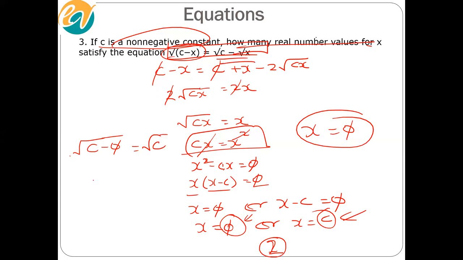What is the right hand side? Root c minus root of 0, which is again root c. So it is a solution. x is equal to 0 is a very valid, authentic solution. But if we cancel this out, then we will not get x is equal to 0 as a solution. We lose out on that.